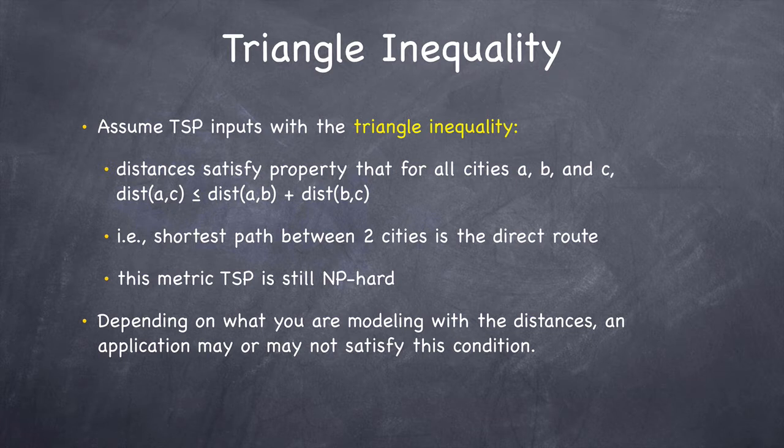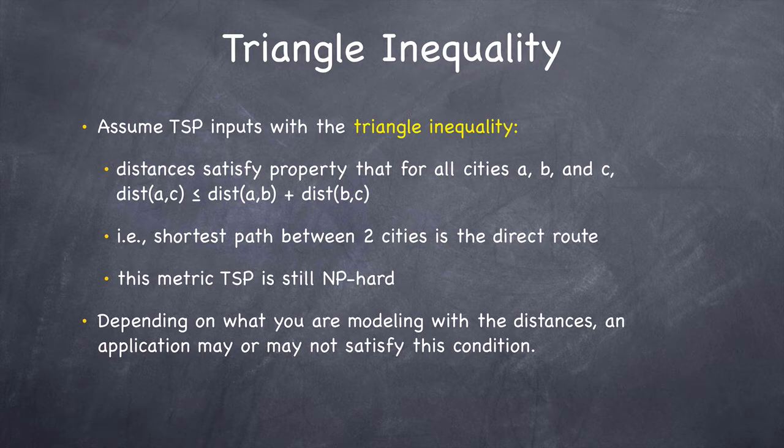So now we modify this a little bit and look at a traveling salesman problem that satisfies the requirements on a map. That means distances should satisfy the triangle inequality.